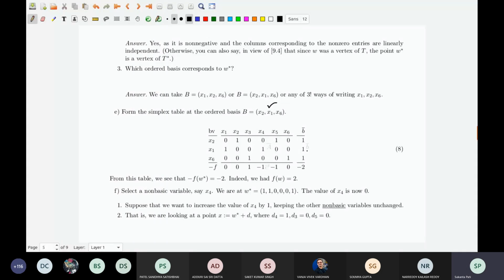And you have the -2 because f(W) was actually 2. You remember that f(x) was x1 plus x2 plus x3, and this particular point is 1 1 0. So f(x) was 2 only. So this is a -f. That is why this -f is written over here, that this is -f(W).